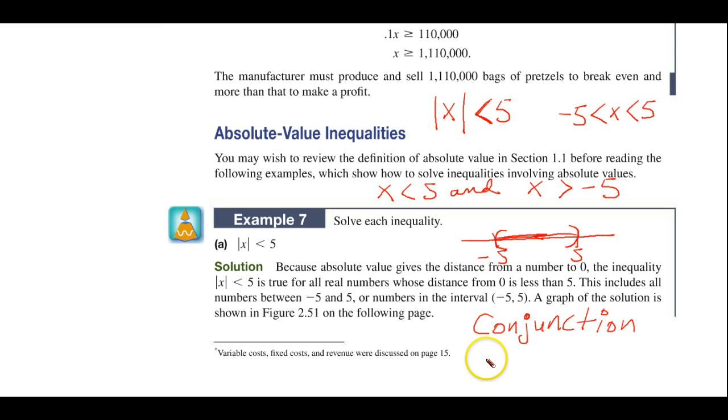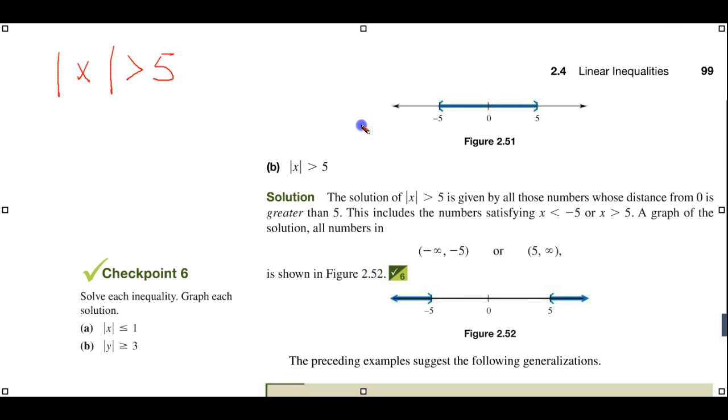Later we'll see a disjunction, where there's a space between them, and you'll see that when the signs are reversed. We're getting ahead of ourselves. And we already know the interval notation would come right from the graph. So there's the one we've just finished.